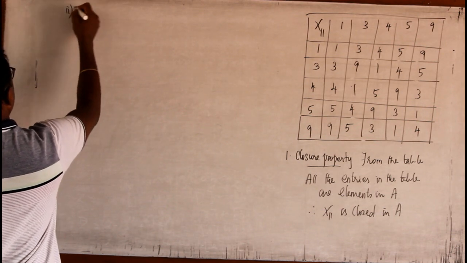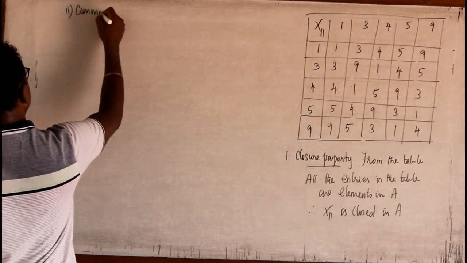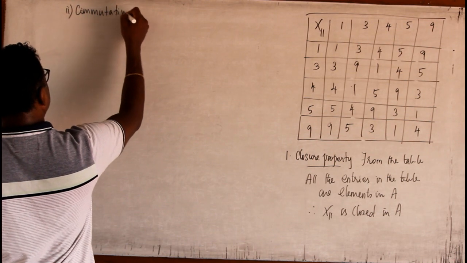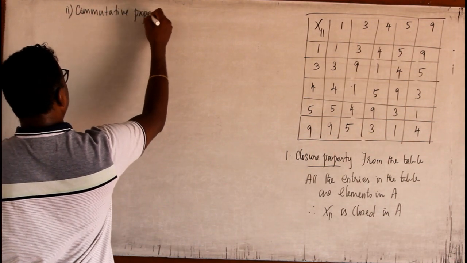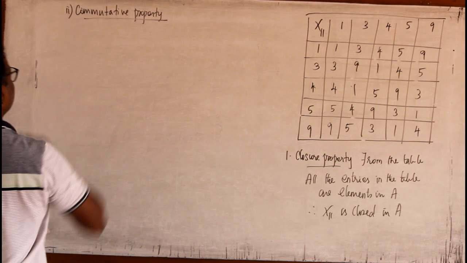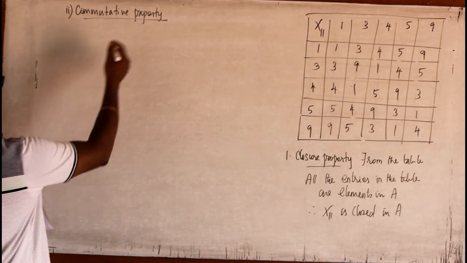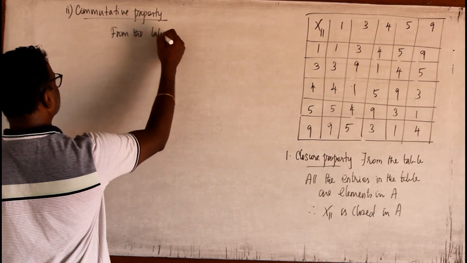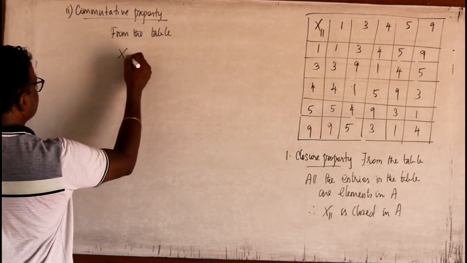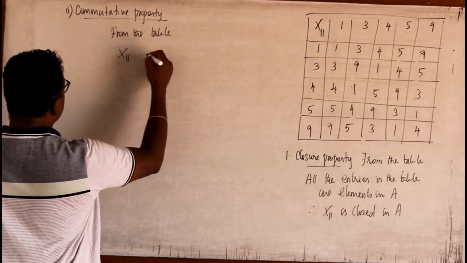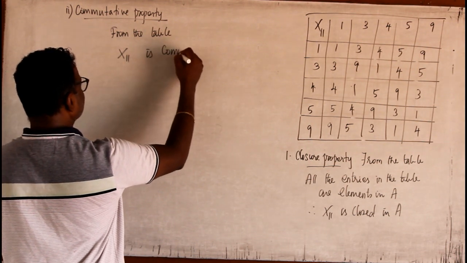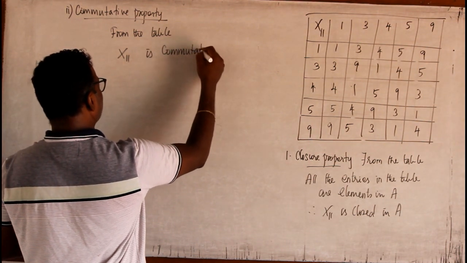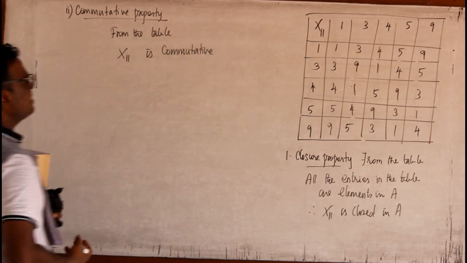Second one, commutative property. We know multiplication always obeys the commutative property. So, I can say from the table, multiplication modulo 11 is commutative. No need to give any verification. It is understood.